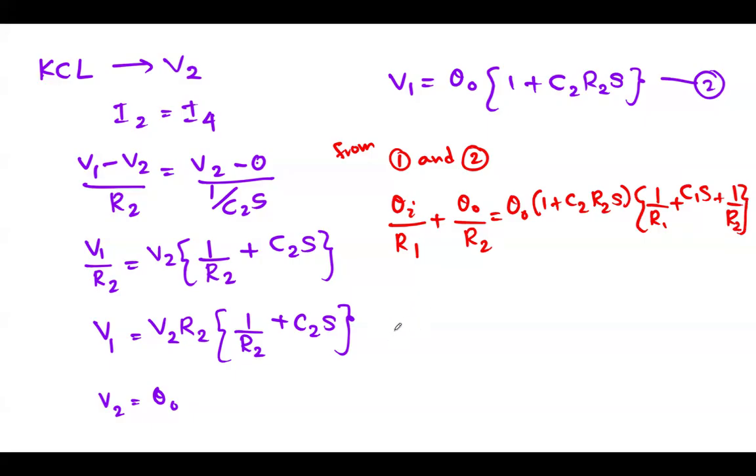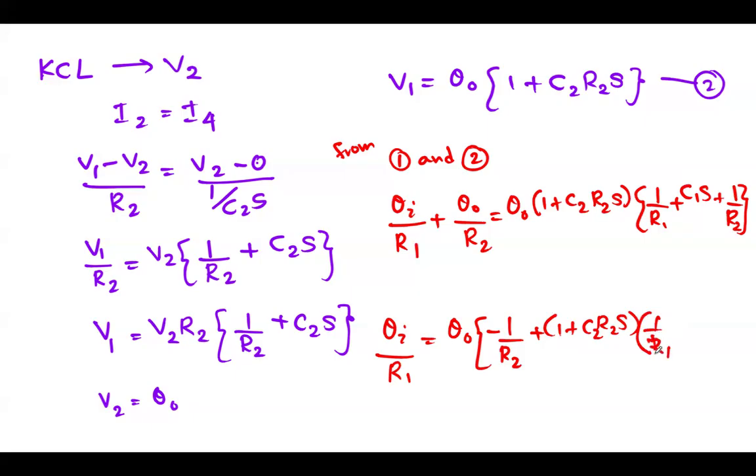Then we can simplify the equation. Theta I over R1 is equal to theta naught times minus 1 over R2 plus 1 plus C2 R2 s times 1 over R1 plus C1s plus 1 over R2.